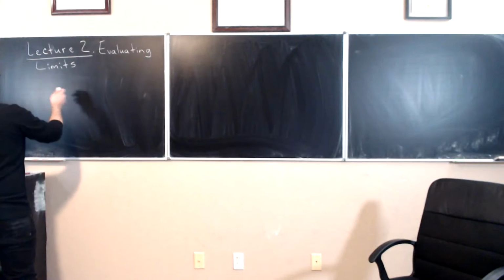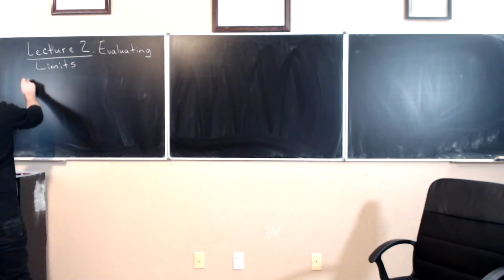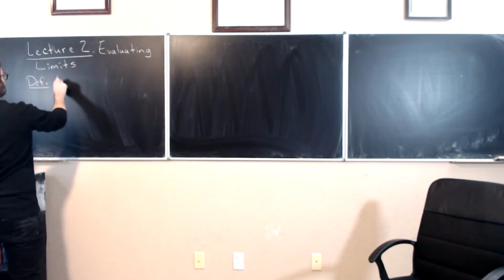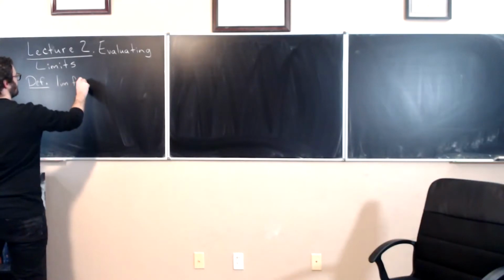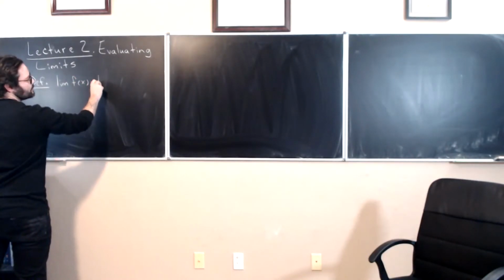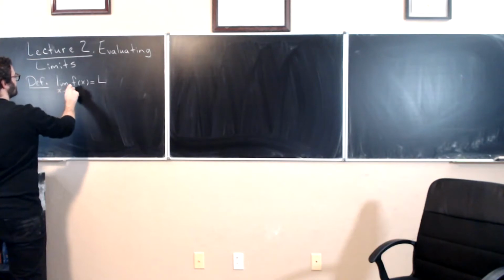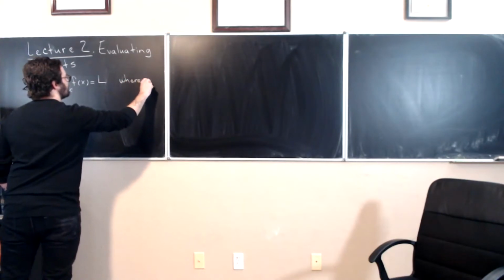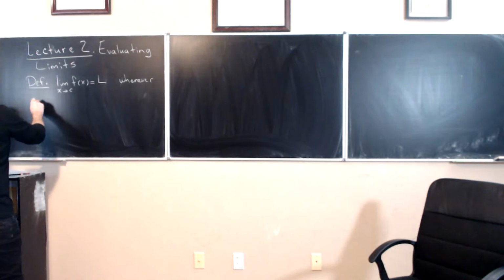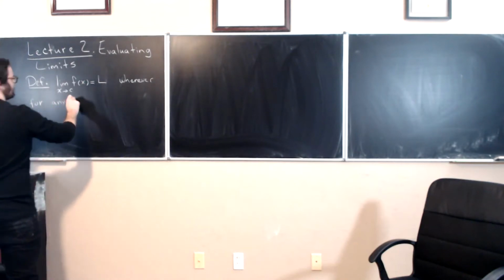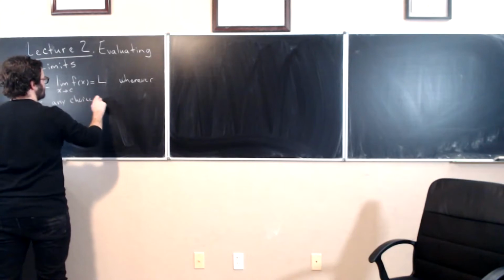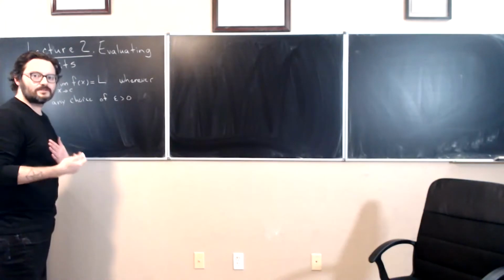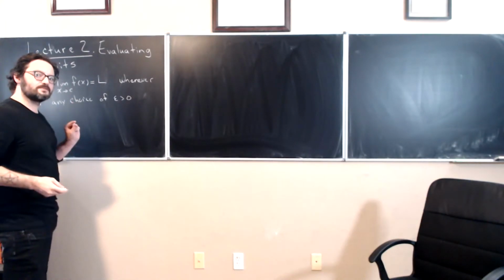So the formal definition is something like this, an abbreviated version of it. We write the limit of f of x equals some number L as x approaches c whenever, for any choice of epsilon greater than 0. Remember that epsilon in mathematics typically means a small positive number.